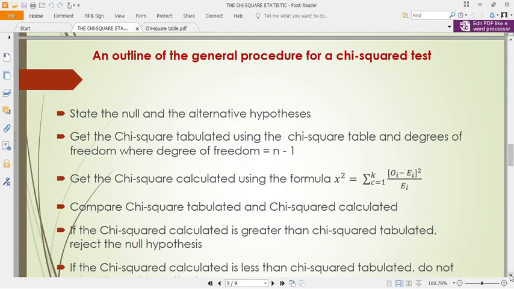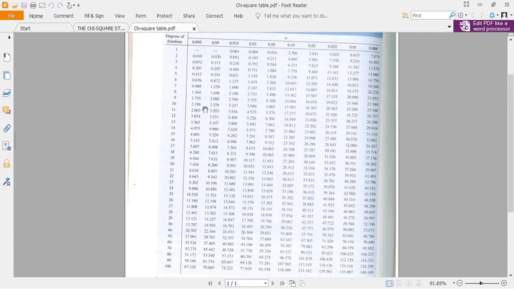So we start by stating the null and alternative hypothesis. Then we get the chi-square tabulated. Chi-square uses degrees of freedom. So we use degrees of freedom and then the alpha level or confidence level to get a chi-square tabulated. We use the chi-square table, which looks like this.